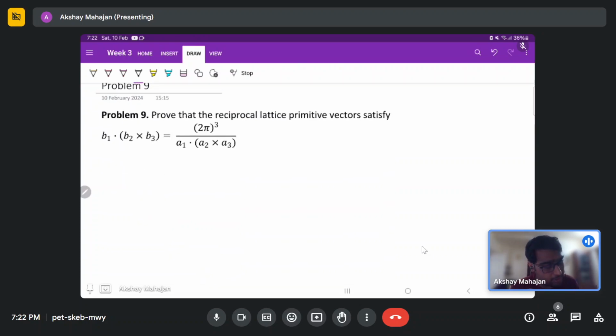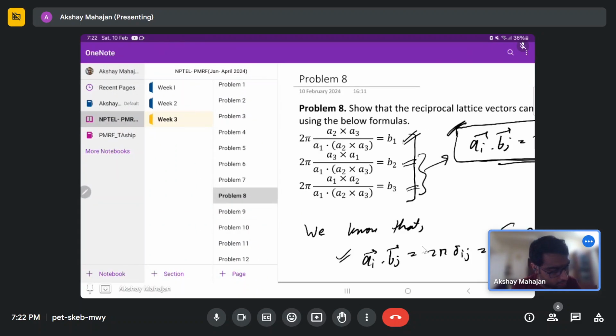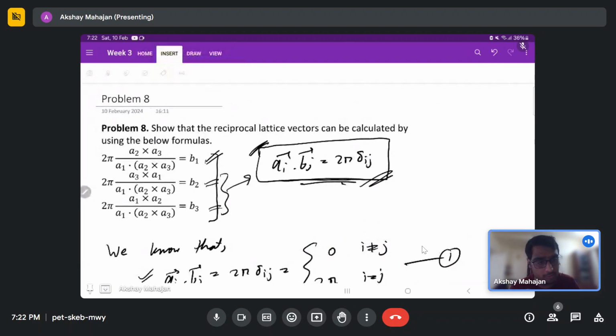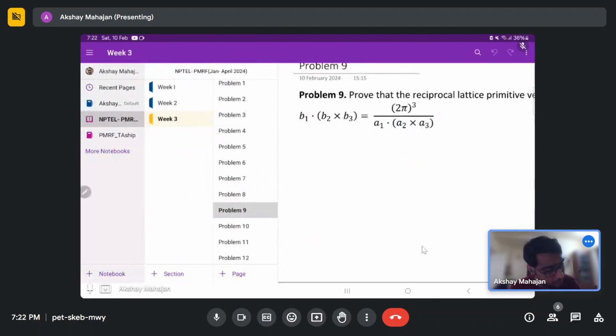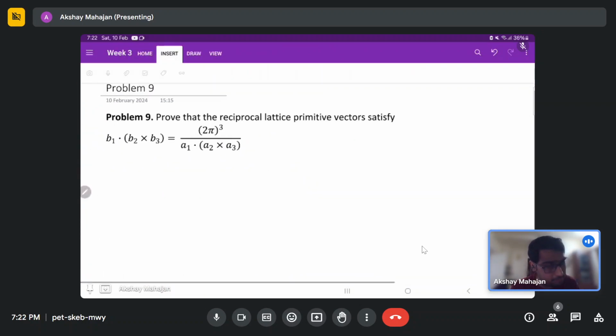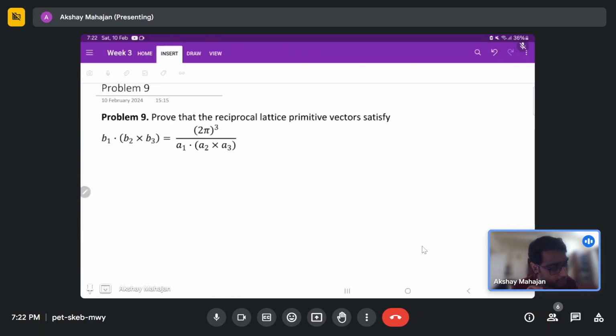For this problem, I am going to use those formulas for the reciprocal lattice vector that we have seen here. In the next two problems, I am going to use these formulas, because that makes it easier to prove these relations.